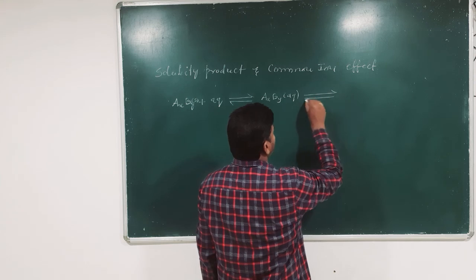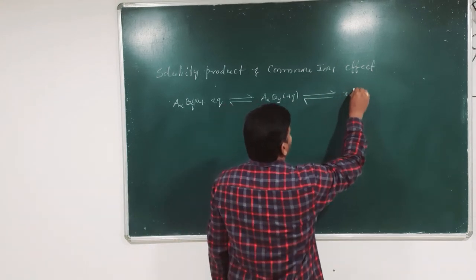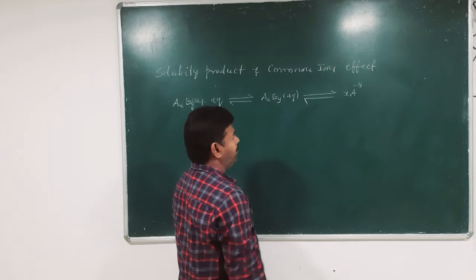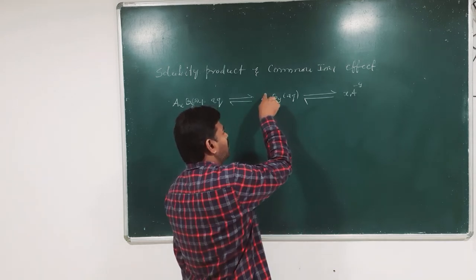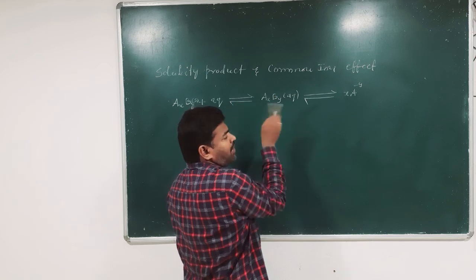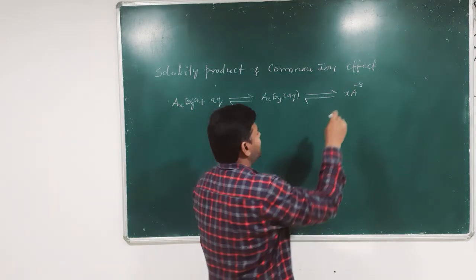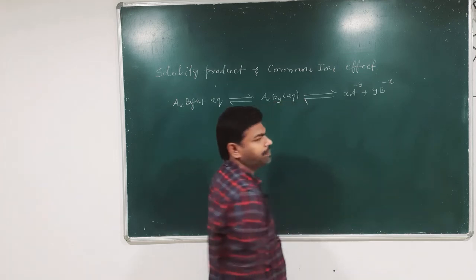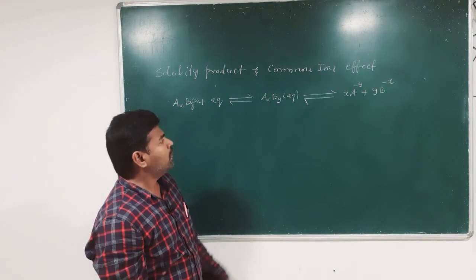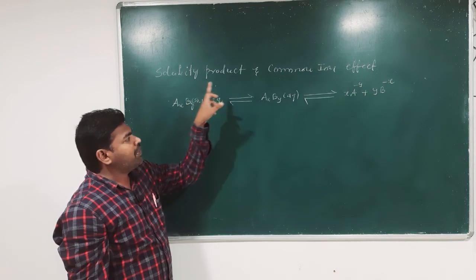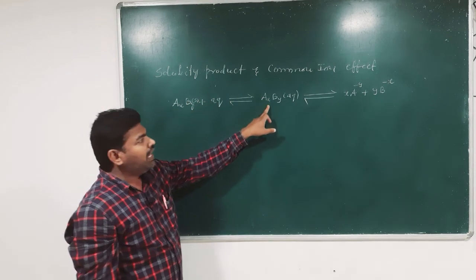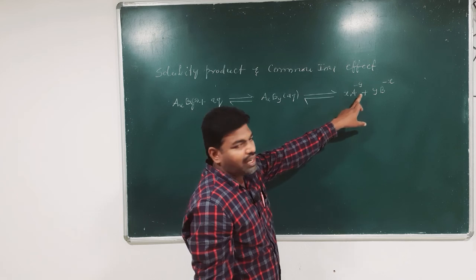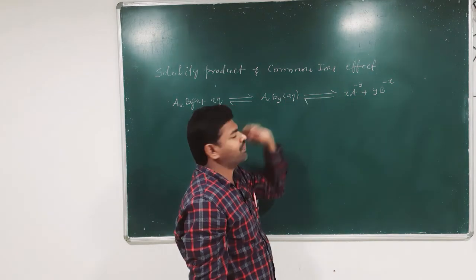That also establishes an equilibrium with x moles of A^(y-), because y is the charge assigned to A based on the crisscross method, right, and y moles of B^(x-). So the solid form is in equilibrium with the aqueous salt solution, and the aqueous salt solution undergoes complete ionization, and equilibrium establishes between the ions and the aqueous form.